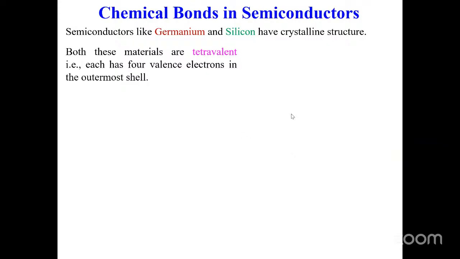So next is the chemical bonds in semiconductors. Semiconductors like germanium and silicon have crystalline structures.